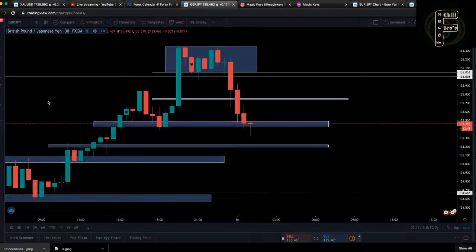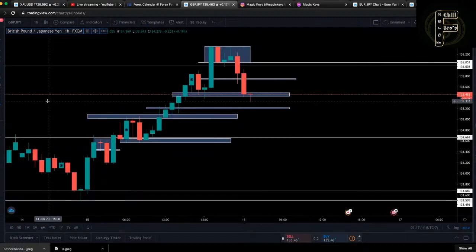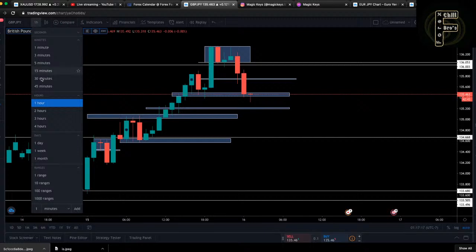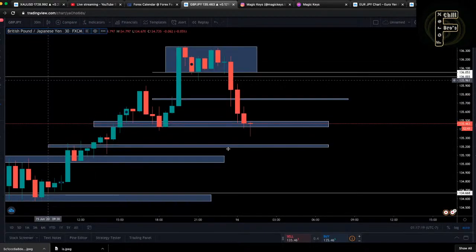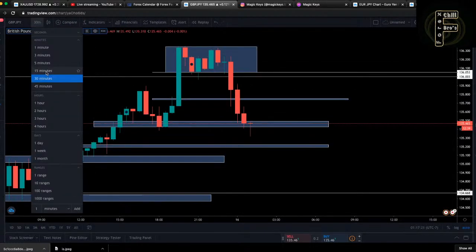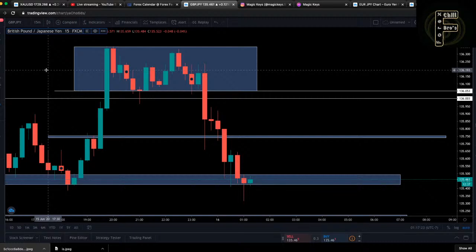Let's see what the 1 hour is saying. The 1 hour is flipping heavily, so we might be pushing to the upside. The 15 will let us know that. We need to see a break above the previous 15 if we're actually heading up.